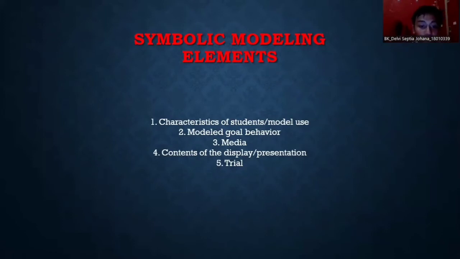Okay, number 2, model goal behavior. The goal behavior that is modeled must be determined in advance by the counselor. Can a model or a series of models be developed? The counselor himself must formulate three questions, namely the behavior being modeled.